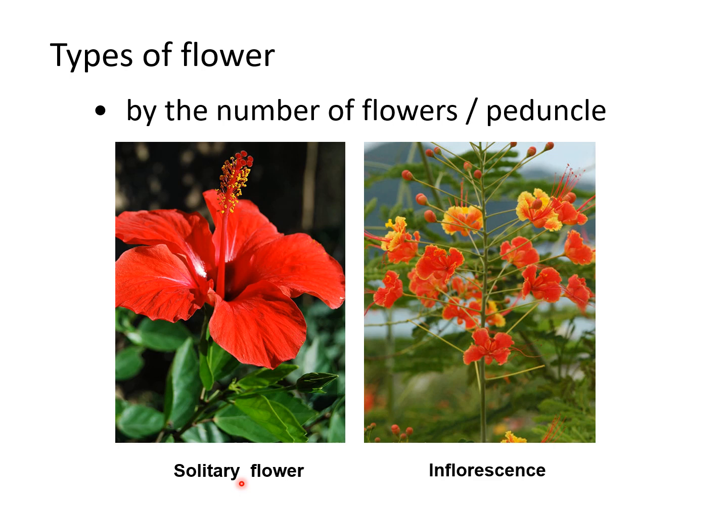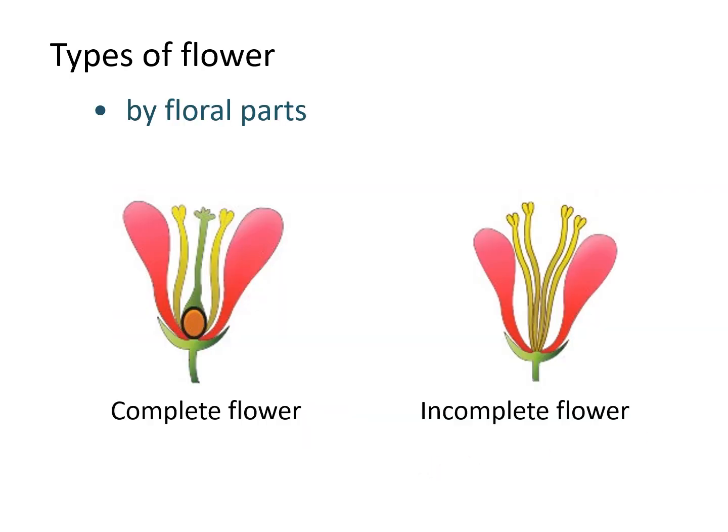But the second type is inflorescence. Inflorescence is a group or cluster of flowers that are arranged on a stem and composed of a main branch or system of branches. This is the inflorescence. If you separate it by floral part or floral composition, it can be separated into two types, complete flower and incomplete flower.